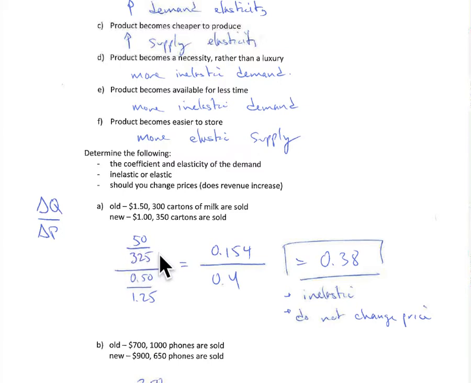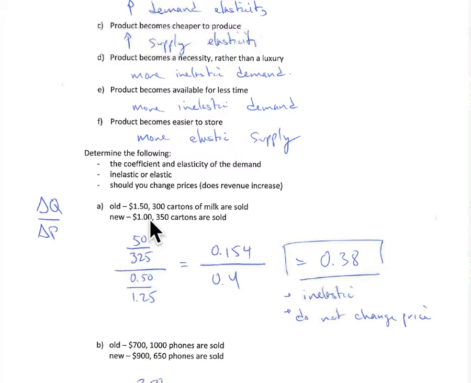In the same way, prices from $1.50 to $1, the difference is 50 cents. Notice that I just said absolute differences. There's no negatives, I just want the absolute difference between the quantities and the absolute difference between the prices. So I have a 50 quantity difference and a 50 cent price difference. And the average price of $1.50 and $1 is $1.25.